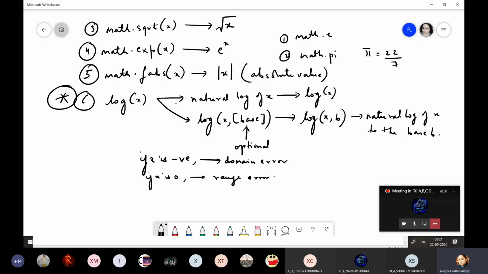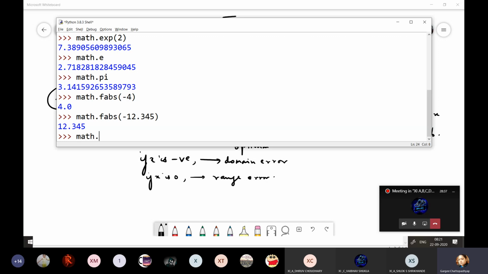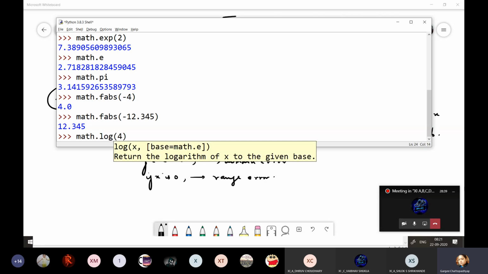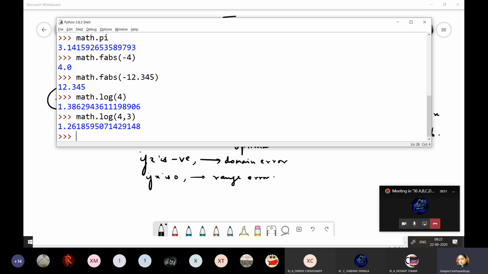So this log function you will hardly require. Let's just run this and see. So we are writing here math.log, just any value I am giving, and I'm getting its value. Math.log of 4, 3, I'm getting this value, that is log of 4 to the base 3.